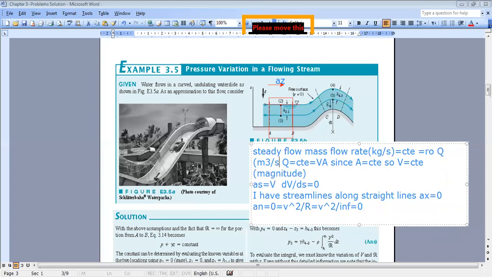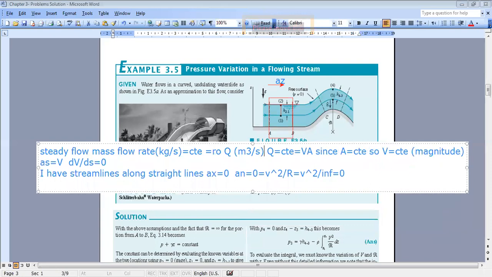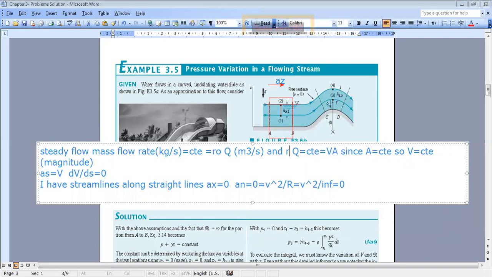per second. Now since you have an incompressible flow here in the givens, rho Q is constant and rho is constant, because it's incompressible flow. Normally in this course we will work with incompressible flows.